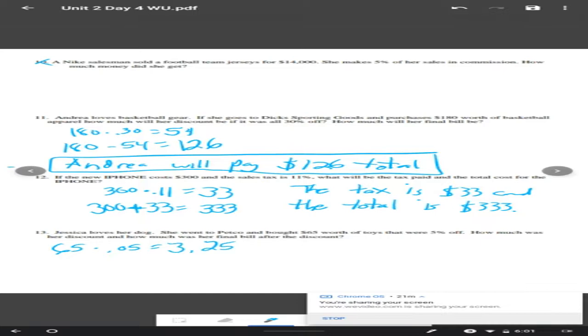And then because it's talking about a 5% off, right? And it's talking about discount, we subtract those two numbers. So it'd be 65 is my original, subtracted 3.25. So 65 minus 3.25. And we get 61.75 total.